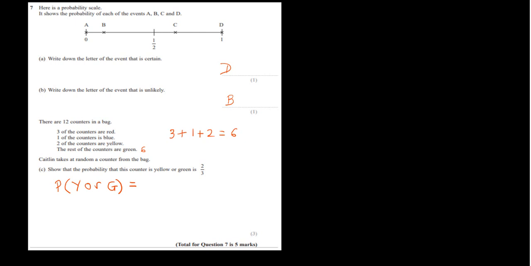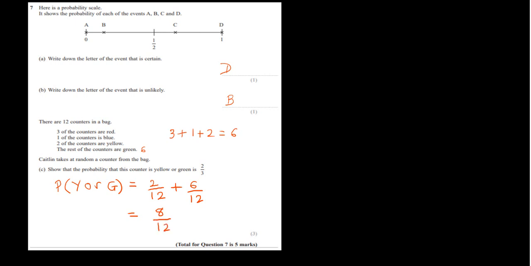Okay, so the probability of getting a yellow, how many yellows were there? Let's go back to the question. There were 2 counters that were yellow out of 12, plus, because there's an or, how many counters were green? We had 6 out of 12. When adding fractions, the denominator needs to be the same, which is the case. So you add the numerators. 2 plus 6 is 8, and you let the denominators be the same, 8 over 12.